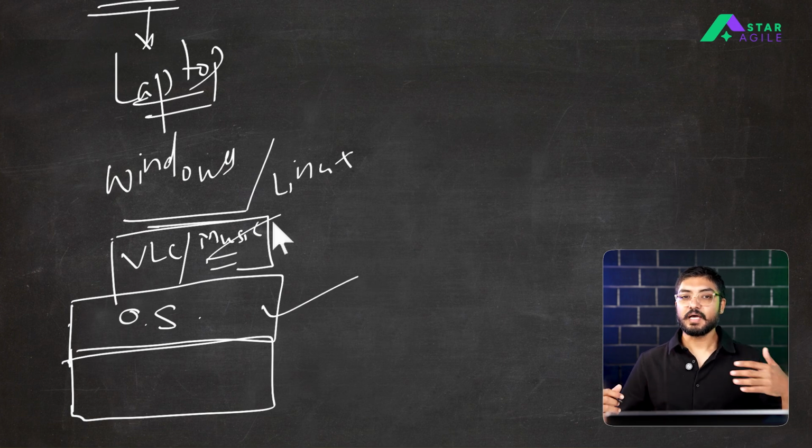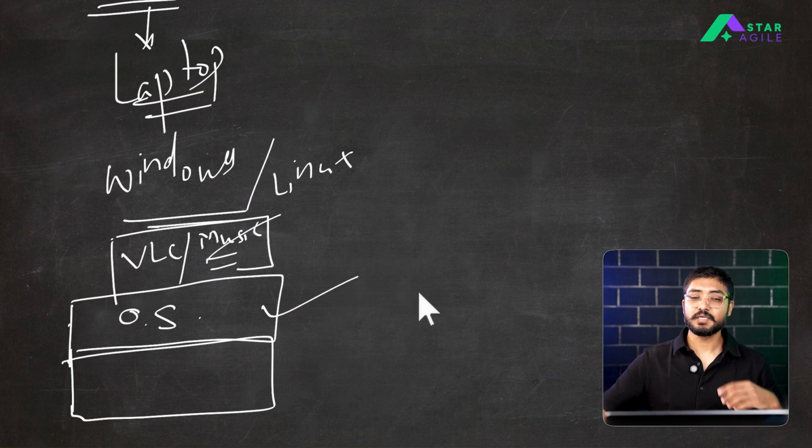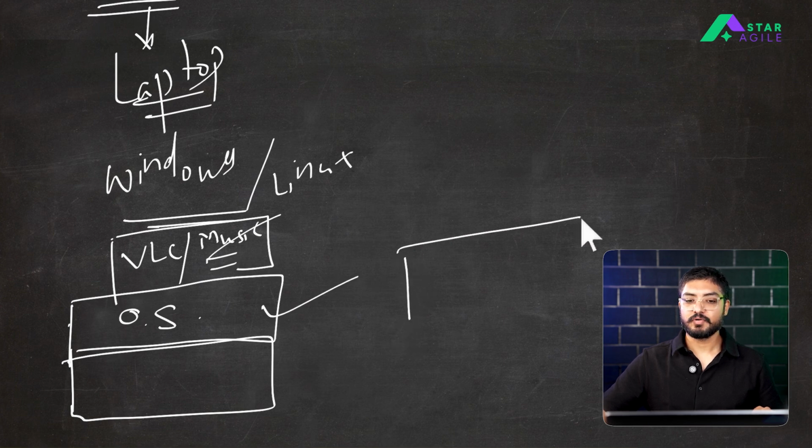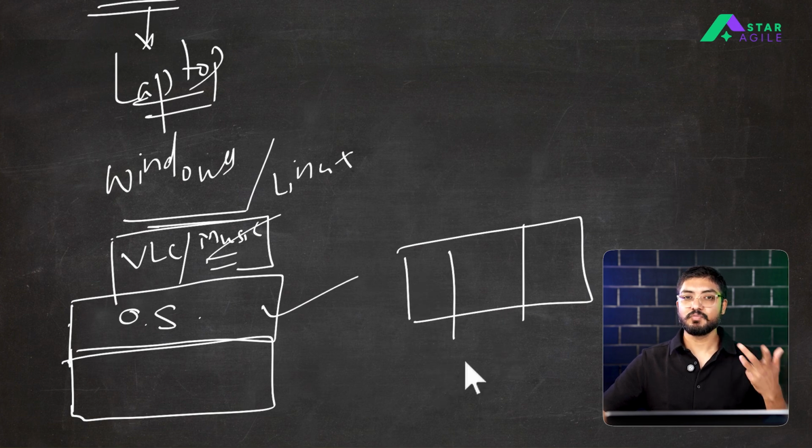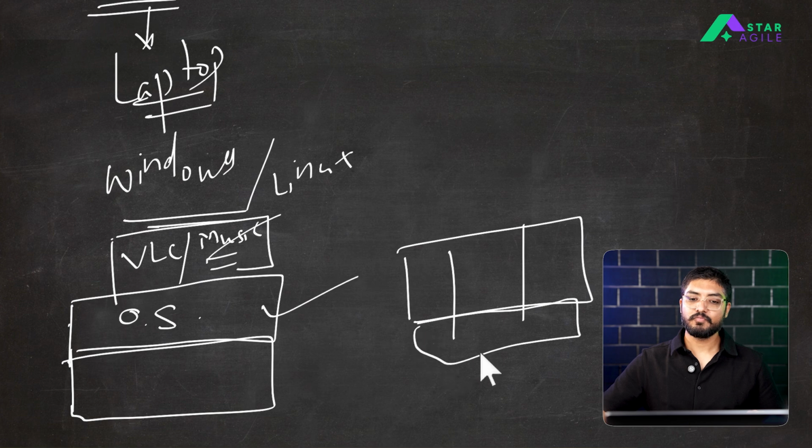But with time and the change in industry trends, from the operating system, the typical laptop or desktop systems, we came into virtualization where we used to have virtual machines. In virtual machines, we used to have multiple OSs. Let's say I am using one single laptop. On this single laptop, I am using a layer of virtualization, which can let me have multiple virtual machines V1, V2, and V3.